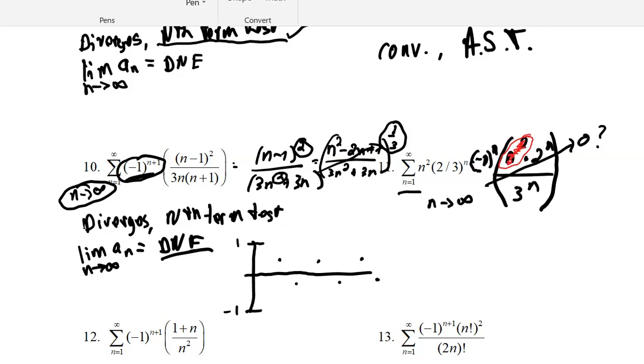He's kind of the freshman that nobody really worries about. The race would really be between these guys. It doesn't matter that n squared and 2 to the n are teaming up. So the 3 to the n as an exponential function, and again, if you have your calculators, you could graph them and see that, 3 to the n is going to grow faster. So that does, in fact, tell us that this will go to 0. We don't have to worry about possibly not. And so this should converge.